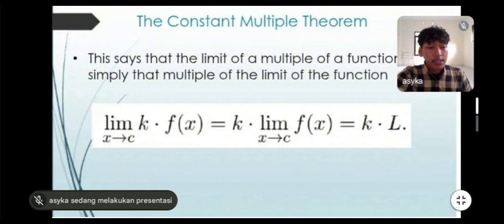Limit x approaching c of k times f(x) equals k times limit x approaching c f(x), so equal to k times L.